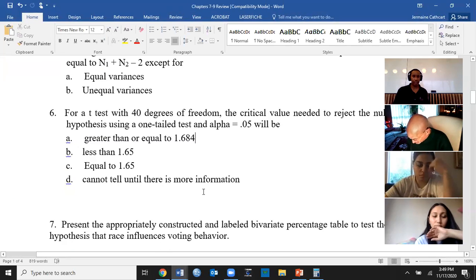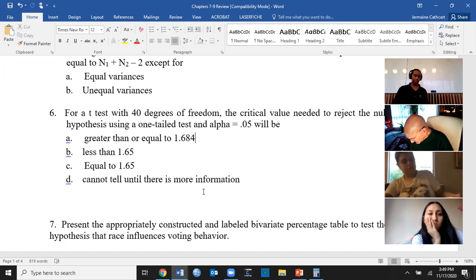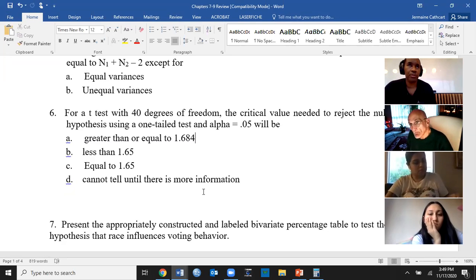Okay, for a t-test with 40 degrees of freedom, the critical value needed to reject the null hypothesis using a one-tailed test and an alpha of 0.05 will be what? Okay, now this isn't something that you can recall from memory. So what I would suggest you do is, if you do have the book, just go ahead and bookmark the table.